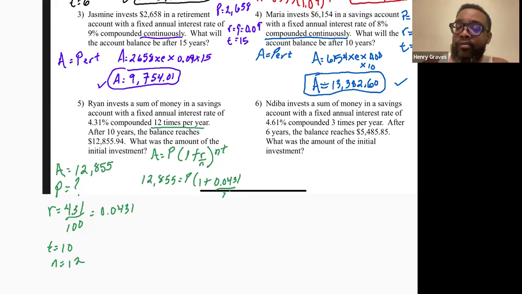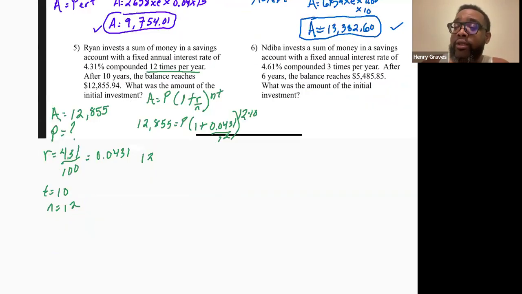So I'm going to have 12,855. Let me move this all the way up so I have more space. 12,855 is equal to P times (1 plus 0.0431 divided by 12).